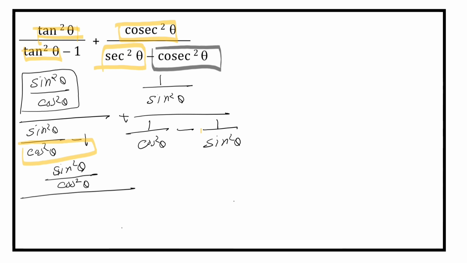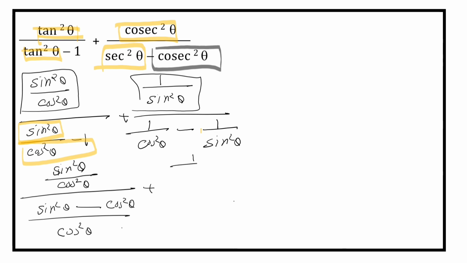So now let us write cos square theta as LCM: sin square theta minus cos square theta, plus this one as such, 1 by sin square theta upon.